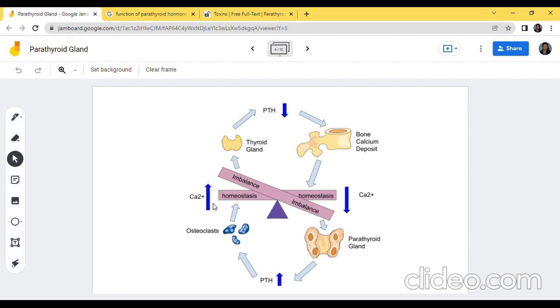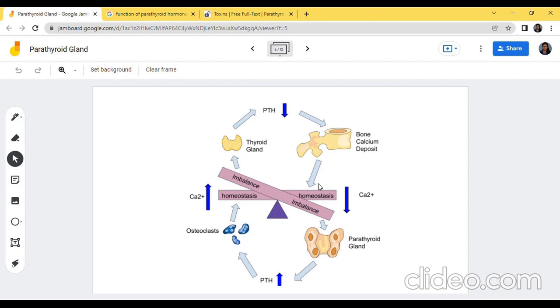So if it is increased or decreased, it causes imbalance. When the level of calcium increases, the thyroid gland will help to decrease the secretion of parathyroid hormone, and that helps in the deposition of calcium in bones. When the calcium is deposited in the bones, that will help to reduce the level of calcium in the blood.